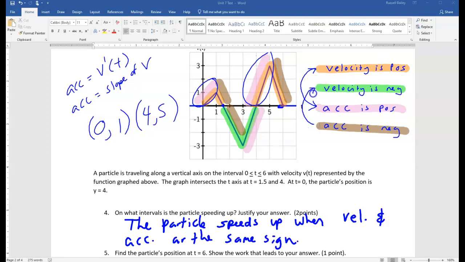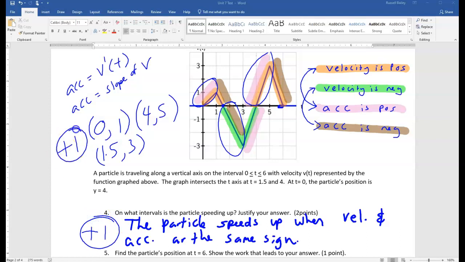That would be green and brown. So that's right here. So that's 1.5 to 3. And I don't see any other green and browns up there. And so this is one point down here explaining to me when those things happen. And then this is the second point actually giving me the intervals. The other stuff isn't necessary to include. You don't need to color it or anything like that.